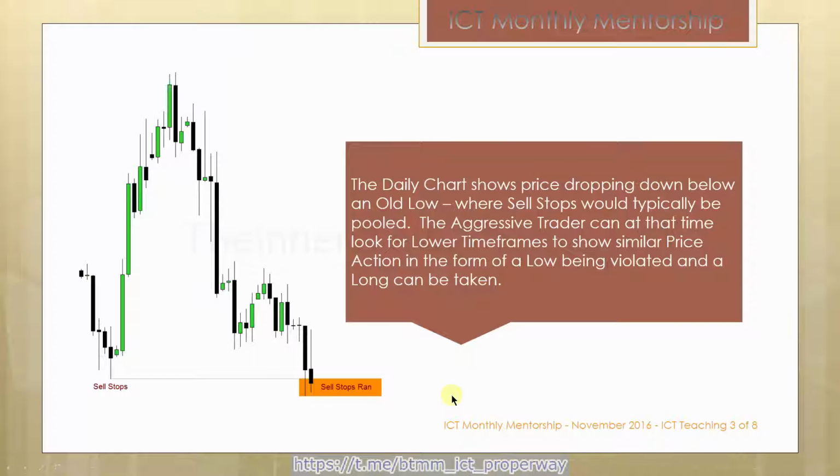an aggressive trader can see this as an opportunity to go into a lower time frame as that low is violated here, right on this candle here. You can go into a lower time frame and look for a similar pattern, because price is fractal. That means everything you see on one time frame is replicable on the higher time frame and the lower time frame. So in other words, it's going to have a lot of similarity throughout all the time frames, because price is still price.